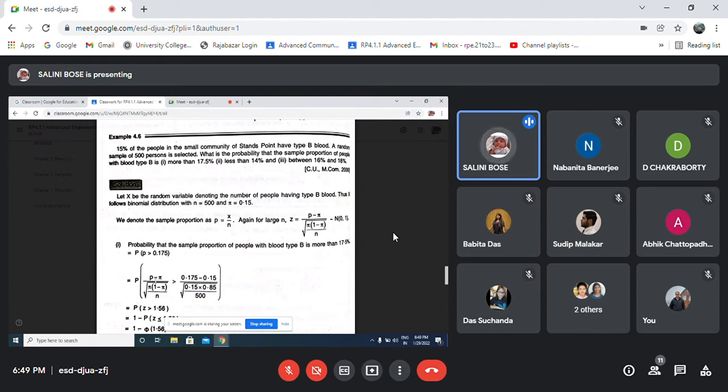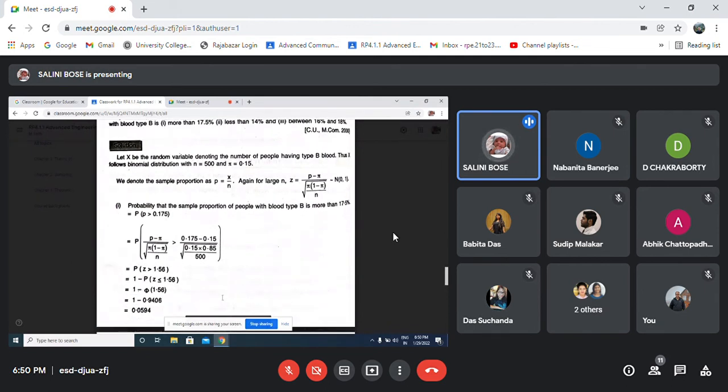So by using the formula, instead of Z, we can write P minus pi by root over pi into 1 minus pi by n, that is greater than, just put the formula. P is 0.175 minus pi is 0.15, root over pi into 1 minus pi by the number of samples, that is 500. So from here we can say this is nothing but Z greater than 1.57.